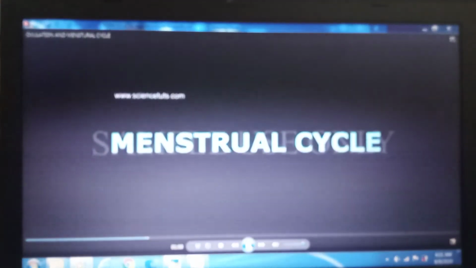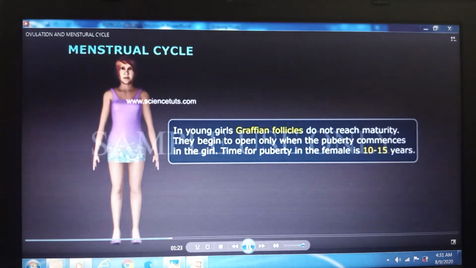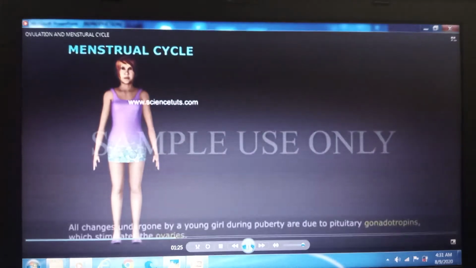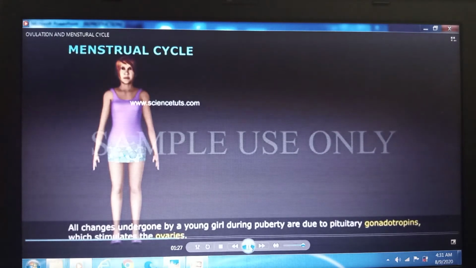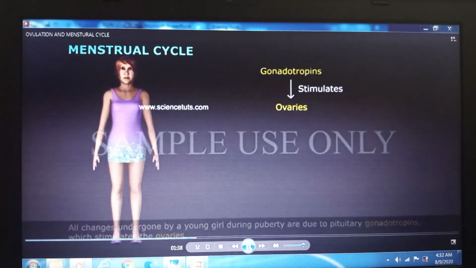Menstrual cycle. In young girls, Graafian follicles do not reach maturity. They begin to open only when puberty commences in the girl. The time for puberty in the female is 10 to 15 years. All changes undergone by a young girl during puberty are due to pituitary gonadotropins, which stimulate the ovaries.